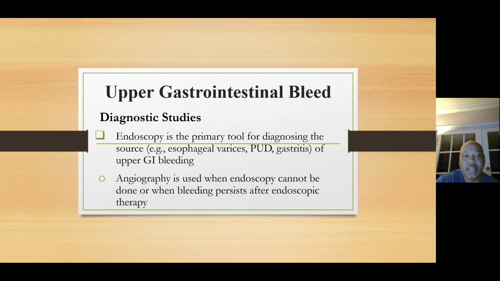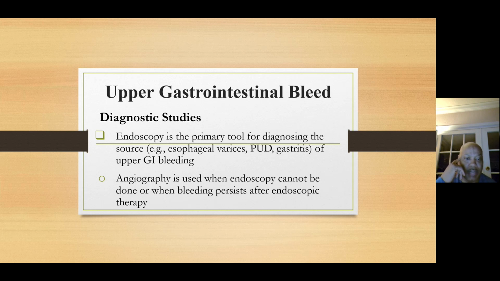Now, all vomitus and stools are tested for gross and occult blood. Remember, the blood may not be visible, and so we want to use our occult blood tool to assist us in this effort.